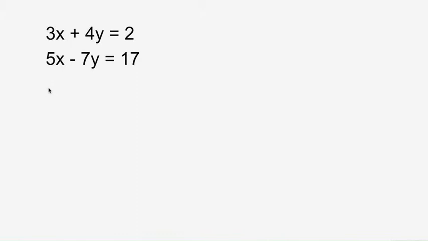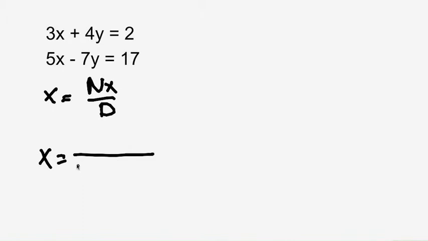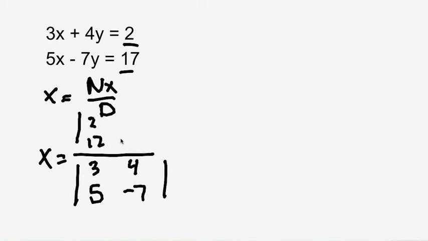So if you remember, X equals NX over D. We're going to do the denominator first because it's the easiest: 3, 5, 4, negative 7. You just write the coefficients for X and Y. For the numerator, we change out the X coefficients, 3 and 5, with the ones from the right-hand side, so 2, 17, and then you keep the Y ones, 4, negative 7.